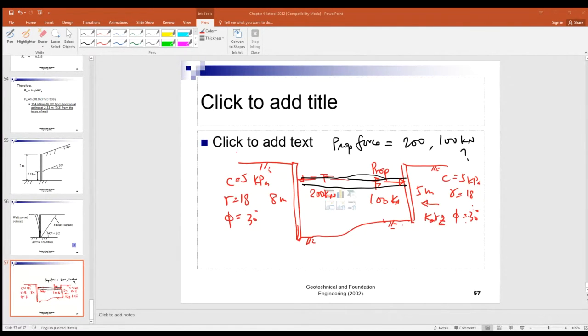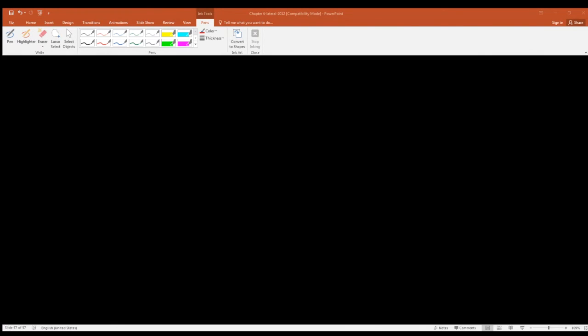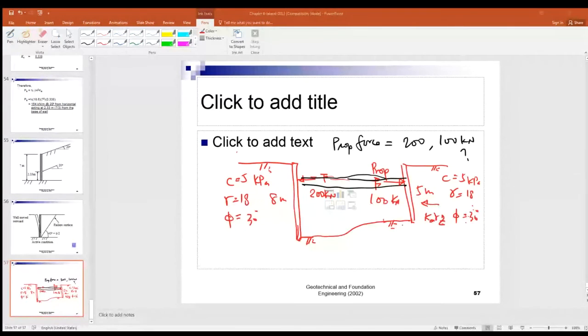If this h is increasing and the theta is increasing, then the slope is very dangerous, unstable. So try to prevent a very high slope and also a steep slope.